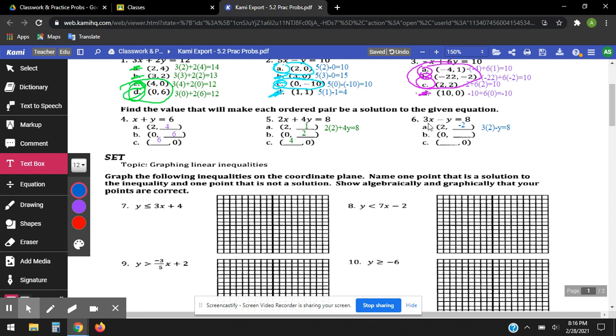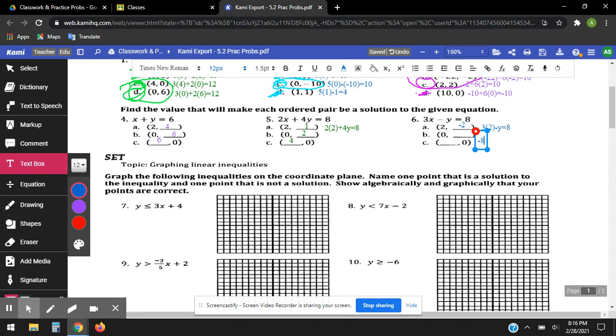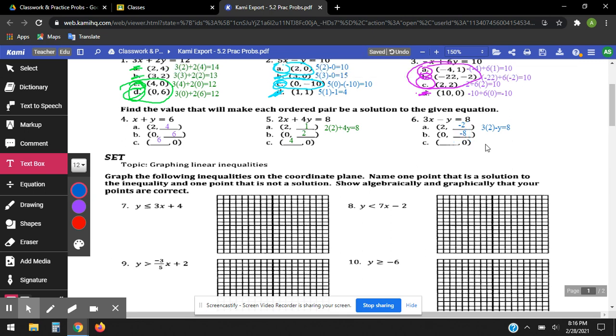So now 3x is 0. 0 minus 8 equals 8. Well, double negative, so I need to have a negative 8 for this one. 0 minus a negative 8 would get me a positive 8. And here, if I'm subtracting 0, 3 times what gets me 8? Well, that one's a little bit trickier.